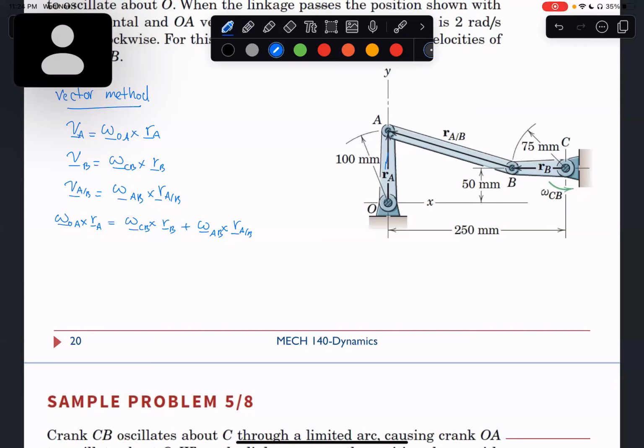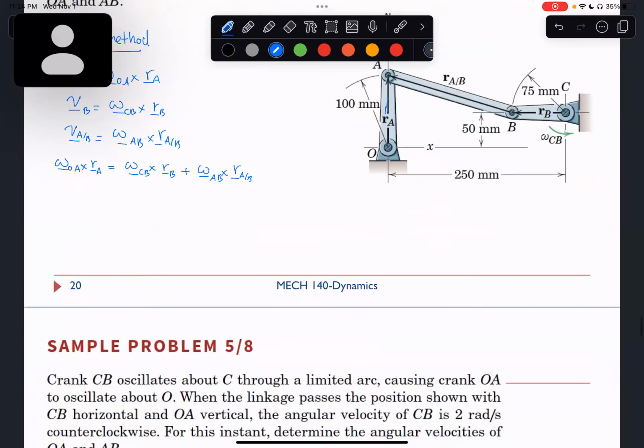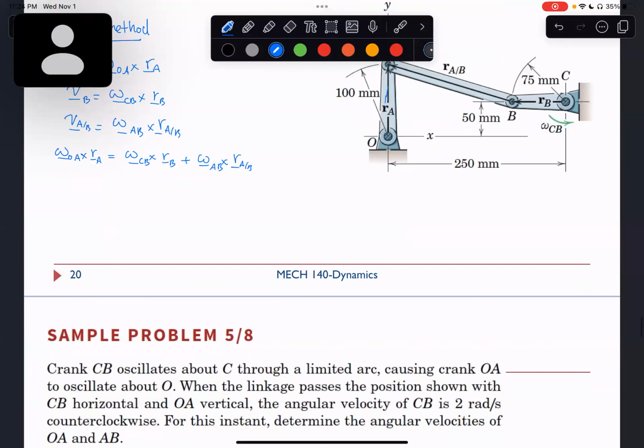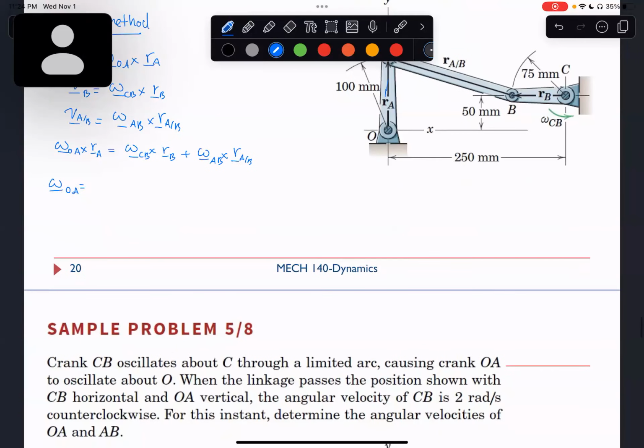Now all we need to do is write the vector form of these vectors. I don't know omega OA's magnitude, but I know its direction. It's along K, right? How about omega CB?